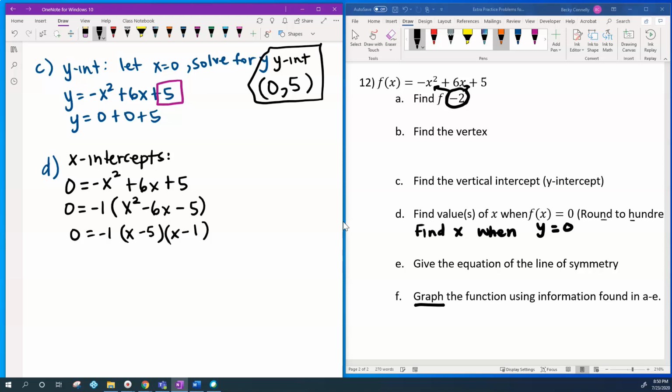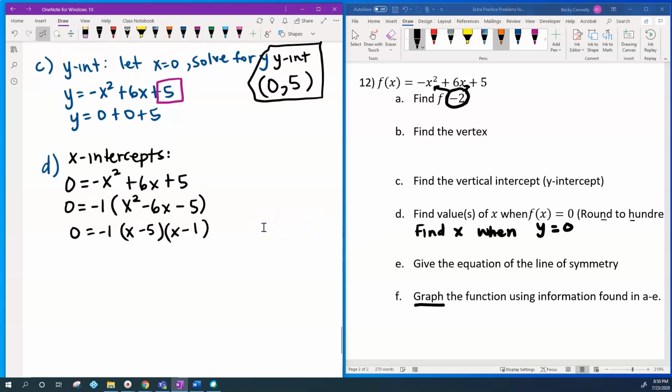So it doesn't look like this one's going to factor. It's just off by a little bit, right? You see that? So on this one, you'd have to use the quadratic formula or something to get that answer if it doesn't factor.